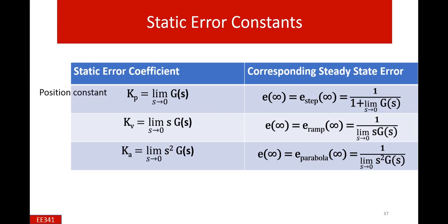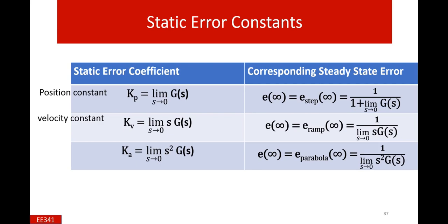If we take the open loop transfer function directly and apply the limit s approaches 0, then this constant is the position constant. And we observed in the case when there is a step input, the corresponding steady state error is 1 over 1 plus this constant. And similarly for the velocity constant, this velocity constant is defined as s times the open loop transfer function at s equal to 0.